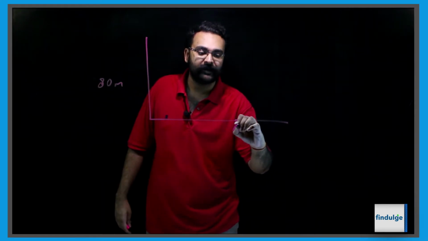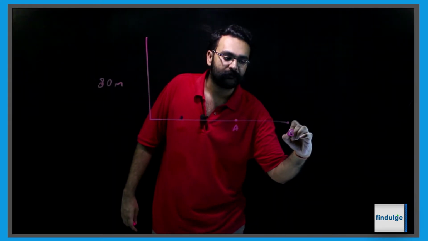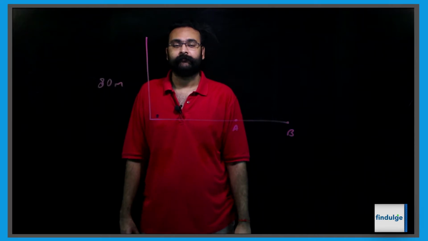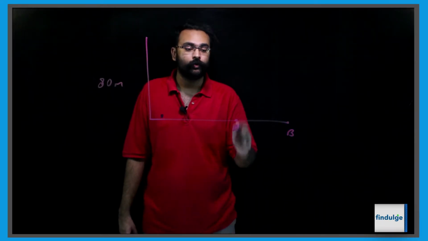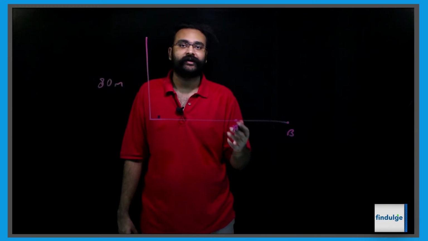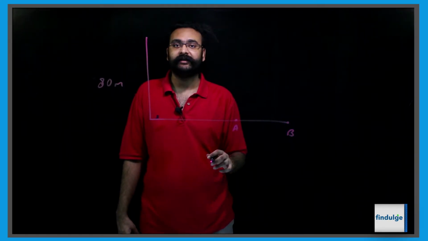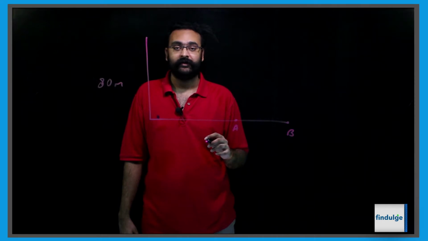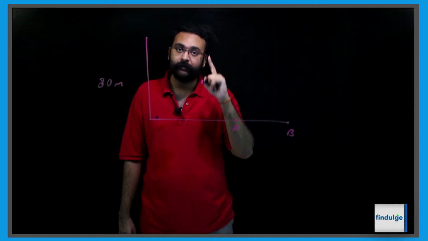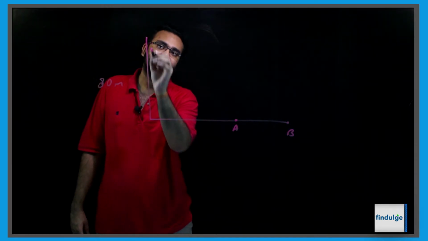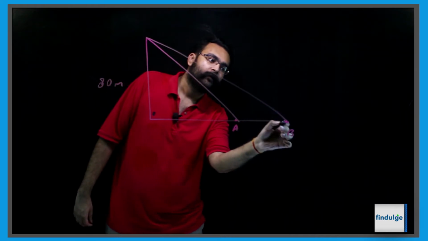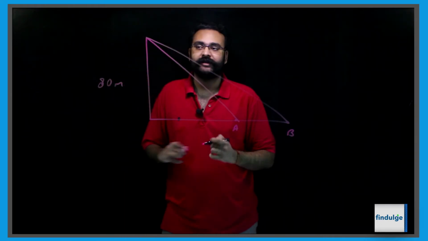So let one ship be A over here and another ship be B over here. We are told that the angles of depression to both the ships are 45 degrees and 30 degrees respectively. Now here you need to use a little bit of logic to determine which is 45 and which is 30. By looking at the figure, it's quite clear.